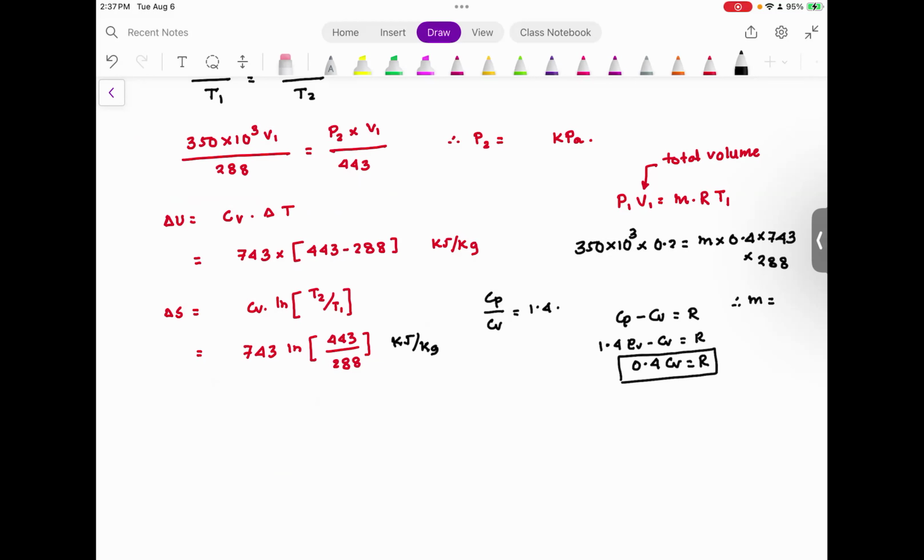If I multiply this by mass, then I get the total internal energy. If I multiply this by mass, then I get the total entropy. So it's totally up to you if you want to find out the specific quantity or if you want to find out the total quantity. So mass, you can calculate mass here, right? Yeah. So it's totally up to you how you want to find out. Any more questions?